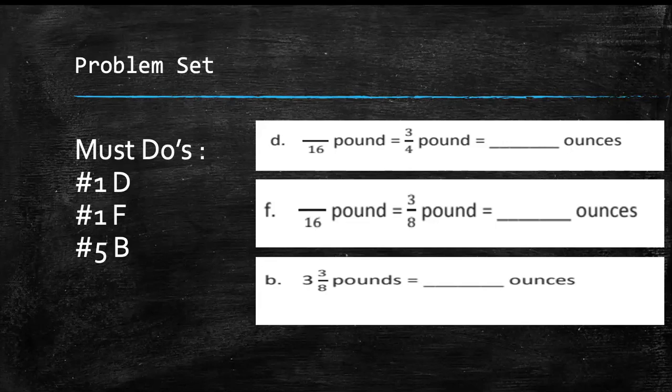Blank 16ths of a pound equals 3/4 of a pound equals blank ounces. Blank 16ths of a pound equals 3/8 pound equals blank ounces, and 3 3/8 pounds equals how many ounces. So go ahead and pause, write those down, figure them out using your tape diagrams in order to help you. And then when you come back, we'll go ahead and release the answers.